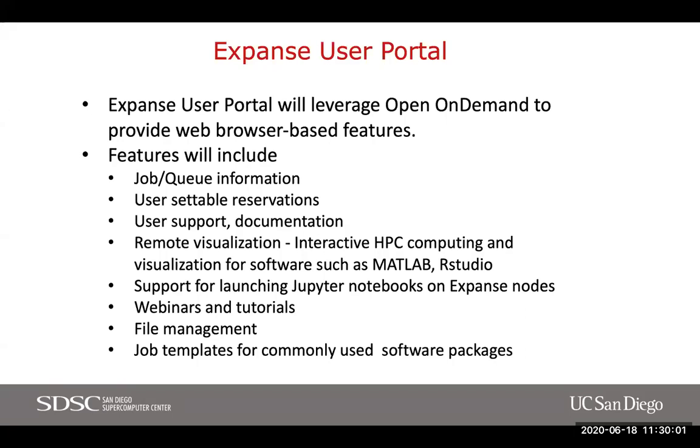And then we could have support for Jupyter notebooks through this, and some basic file management and job templates for commonly used software packages, so that you can launch jobs easily with a low barrier to access.